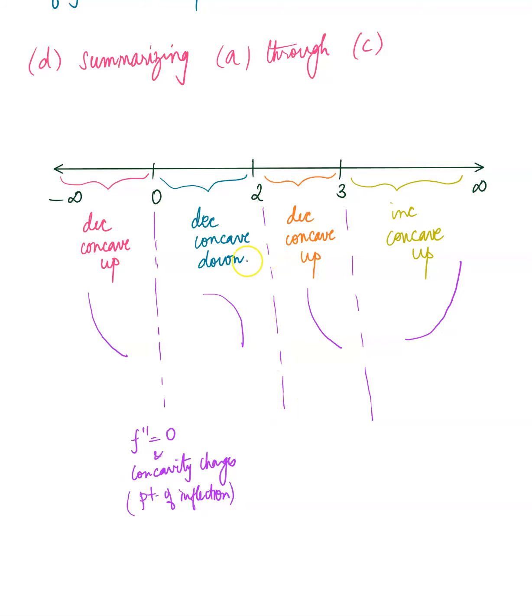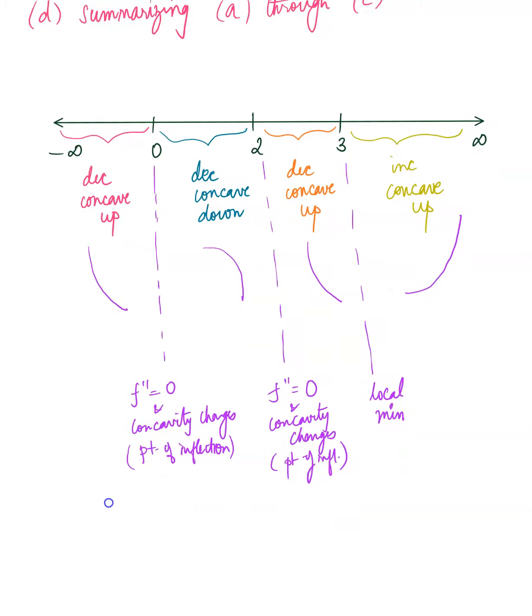Concavity down to concavity up, and the second derivative was also 0 there. At 0 and 2, the concavity changes, so point of inflection. Concave up, no point of inflection there, but we did determine that there was a local min from part A. So now we have all these details together.